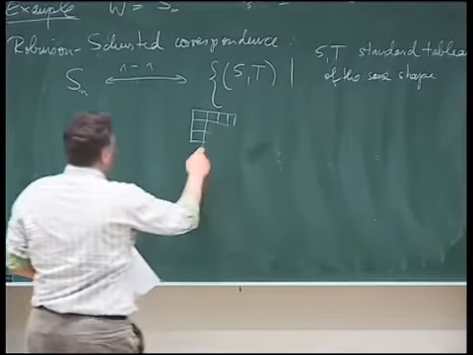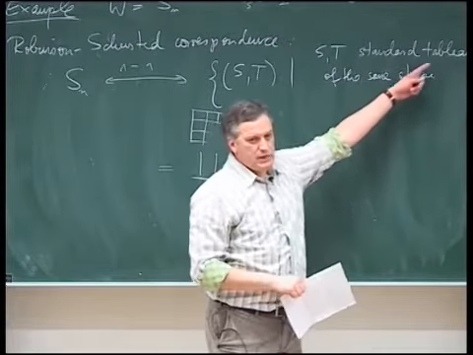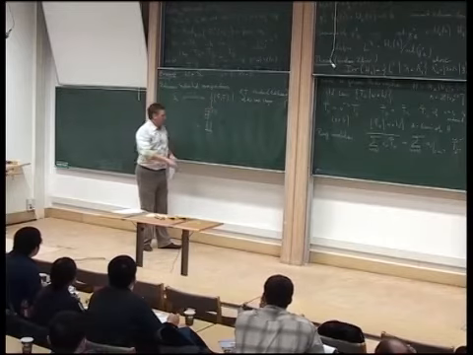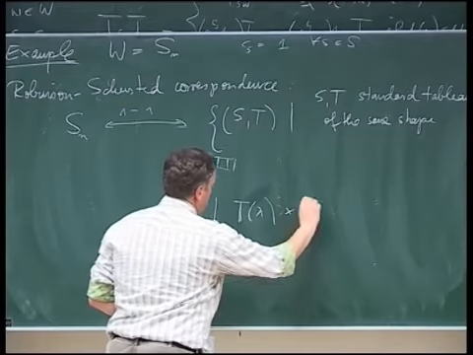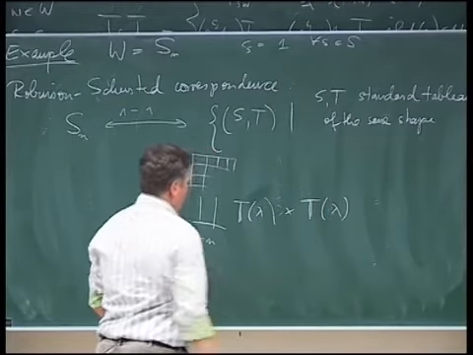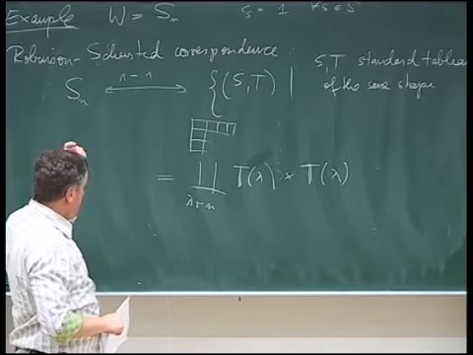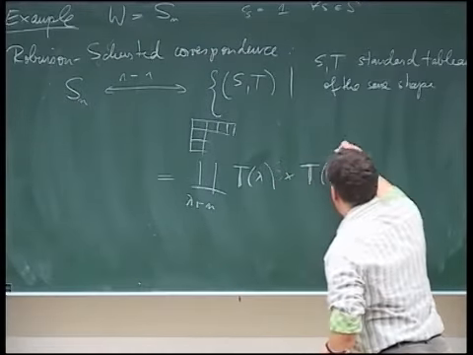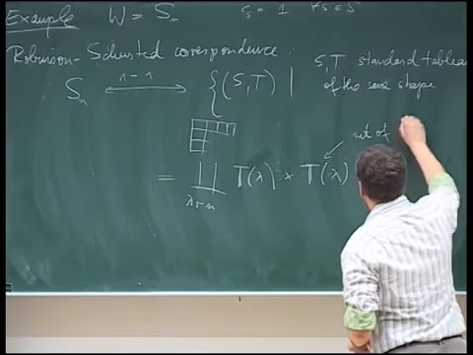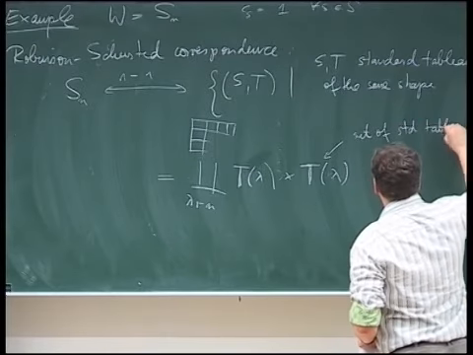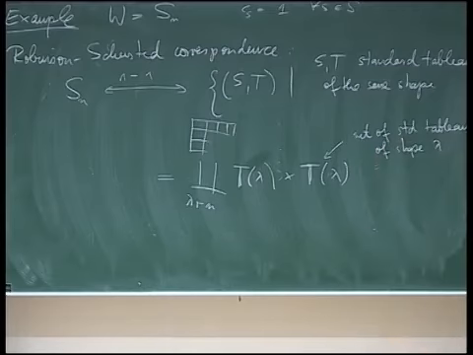If we write this a bit differently, the shape of such a tableau is just a partition of n. So here we get a bijection between Sn and a disjoint union of such things, where T lambda denotes the set of standard tableaux of shape lambda.